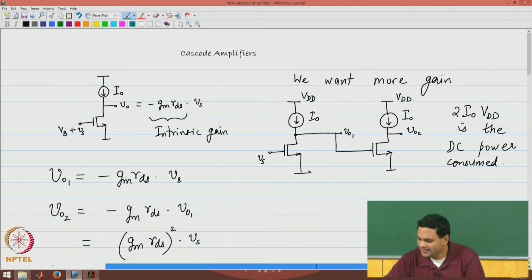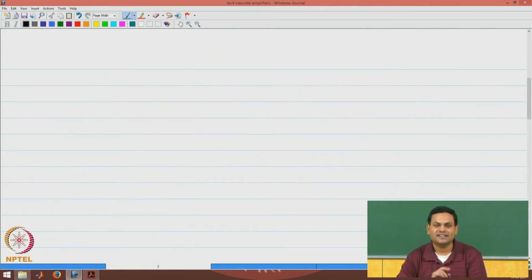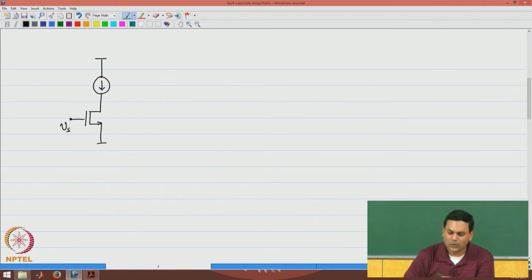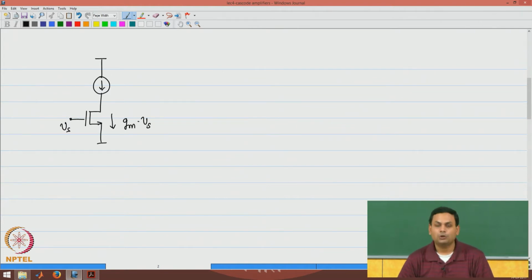So, to see this, we will look at how the signal flows through the circuit. As you can see, in the original common source amplifier, when the source voltage is applied to the gate of the transistor, this causes a current of Gm times Vs to flow downwards from the drain to the source inside the transistor.